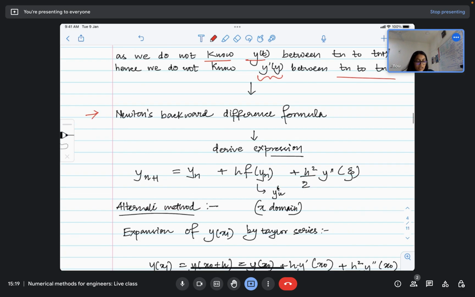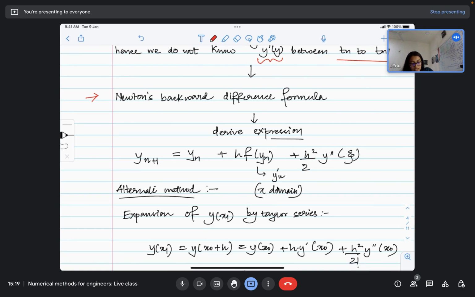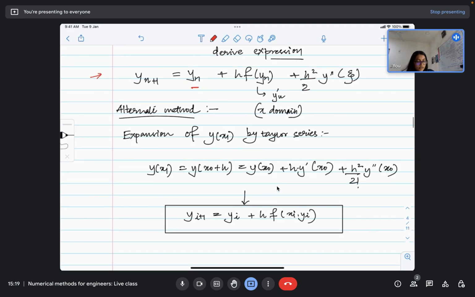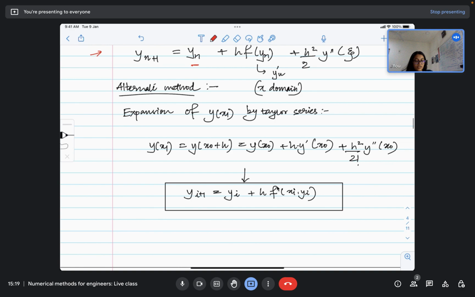When we use Newton's backward formula and derive the expression, we finally come down to y_{n+1} equal to y_n plus h times the derivative, plus h squared by 2 times the double derivative, and so on. Instead of using the interpolation technique with Newton's backward method, there is an alternative method to arrive at the same expression with the help of Taylor series expansion.